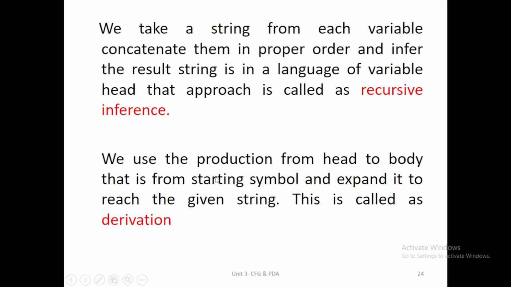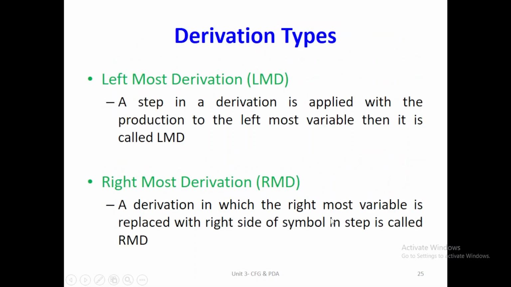In the other method, if you produce a production from the starting symbol to a set of terminal symbols, that is called as expansion. That notation is called as derivation. There are two types of derivations available. One is leftmost derivation, which is shortly called as LMD, and another type is rightmost derivation, also termed as RMD.